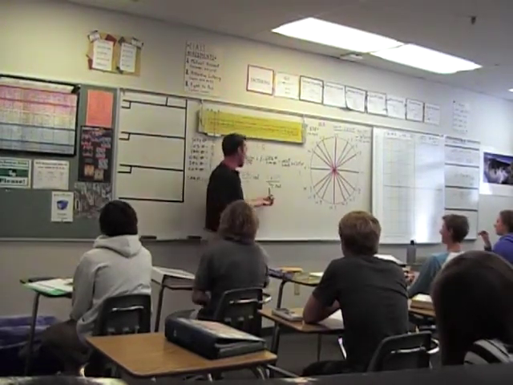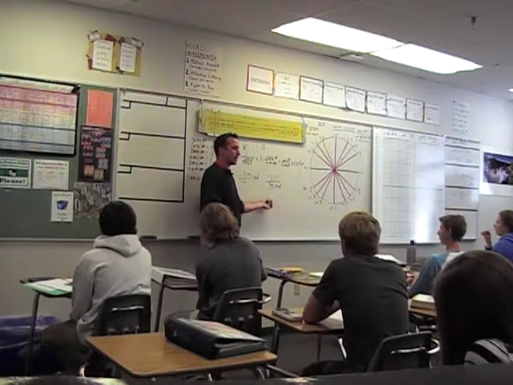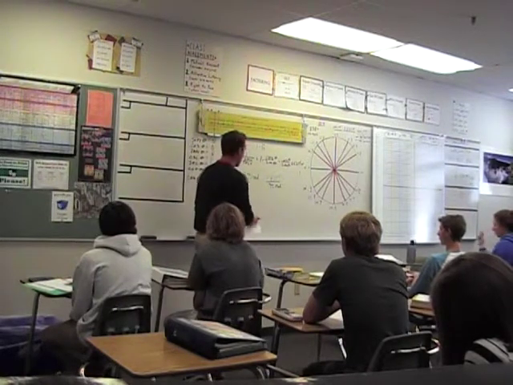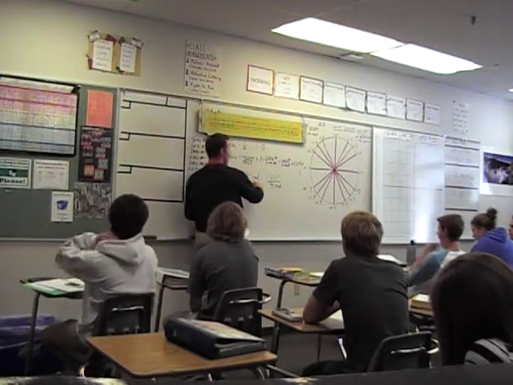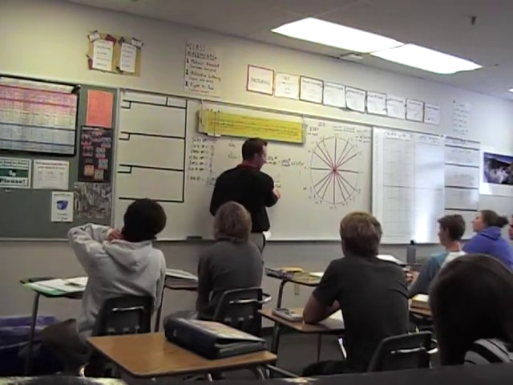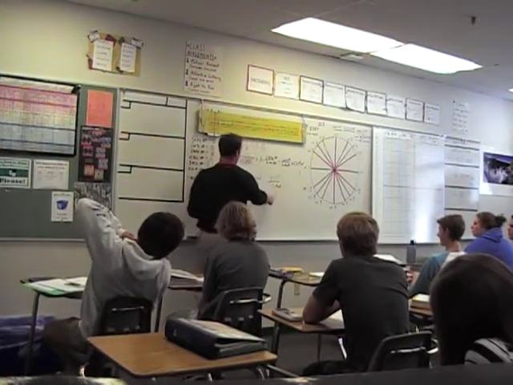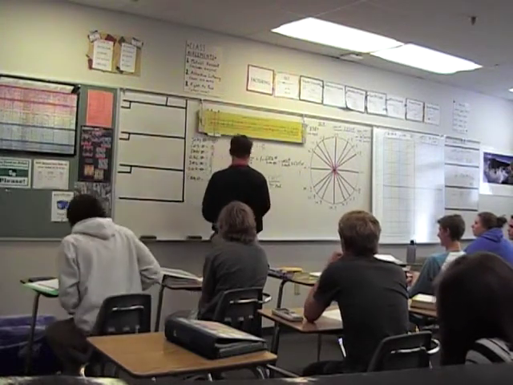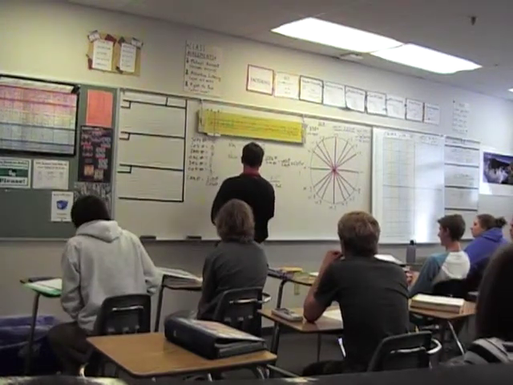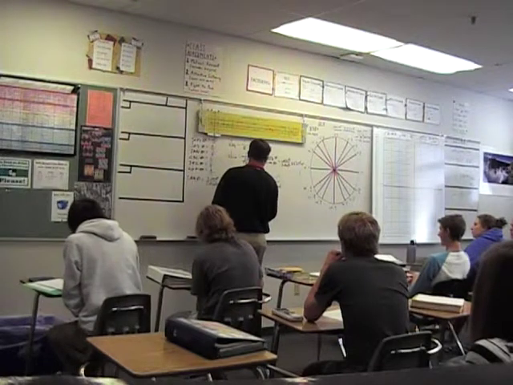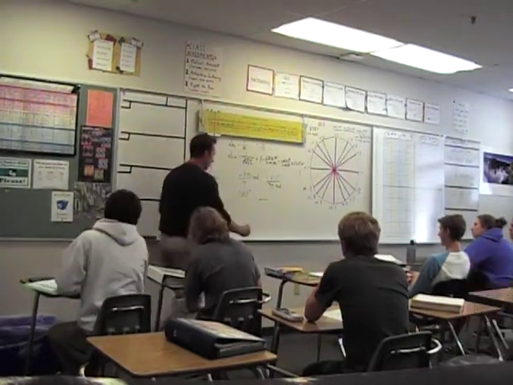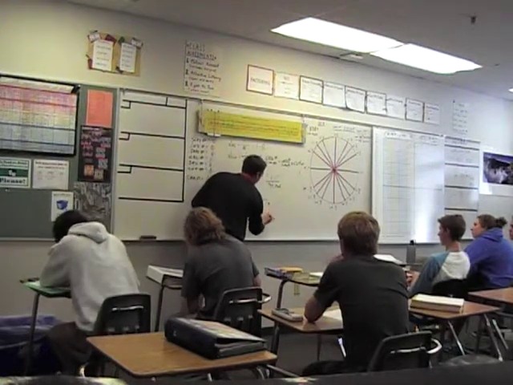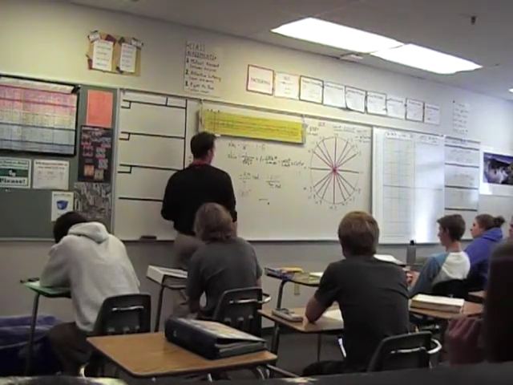But yeah, I heard somebody say pi over 180. This is a way to remember this. All right? You need your radians to cancel out. So if your radians need to cancel out, you have to have radians in the denominator. Does that make sense? Okay, similarly, if you started with 180 degrees and you wanted to change this to the radian measure, don't you have to have degrees down here to cancel?